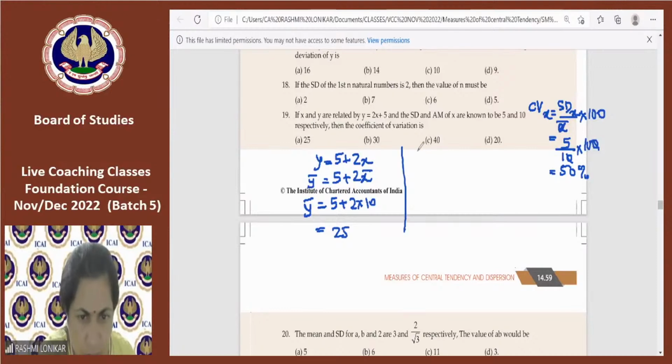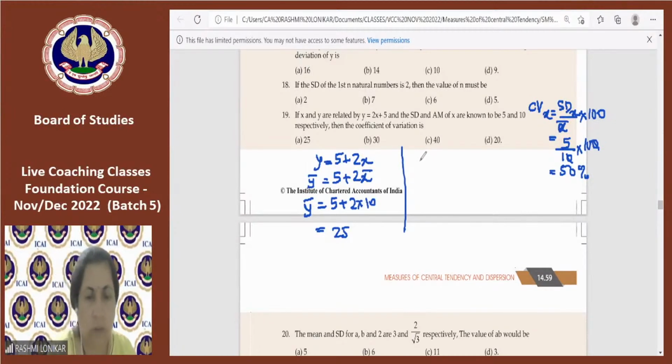So then the standard deviation of y will be equal to b times the standard deviation of x.